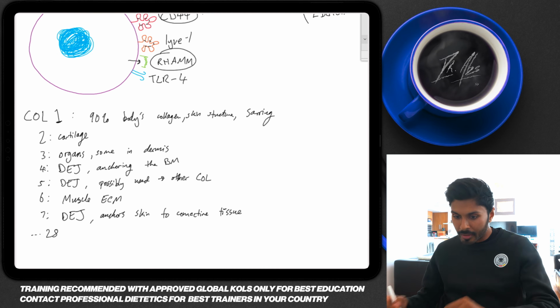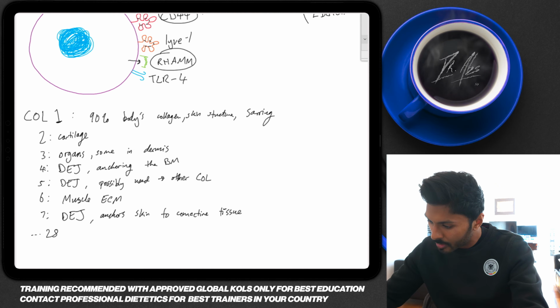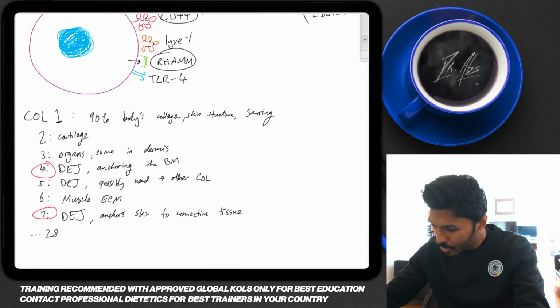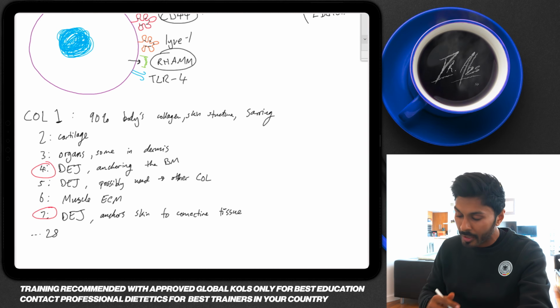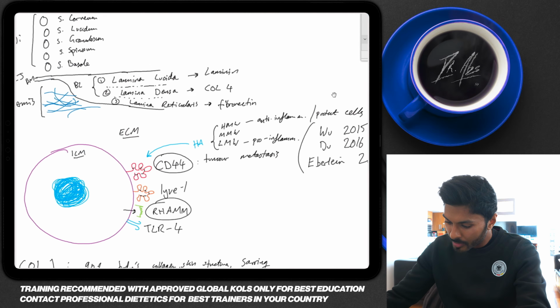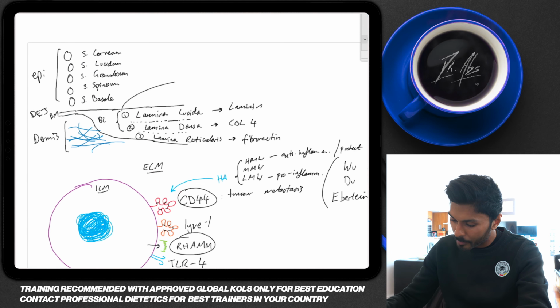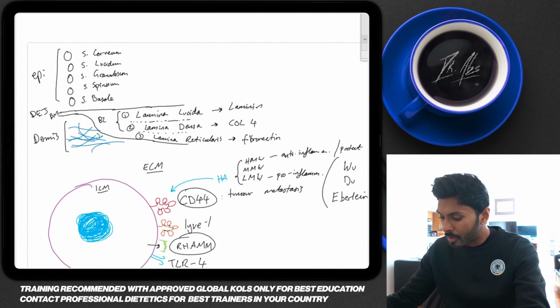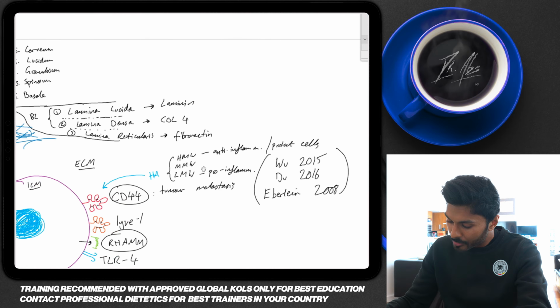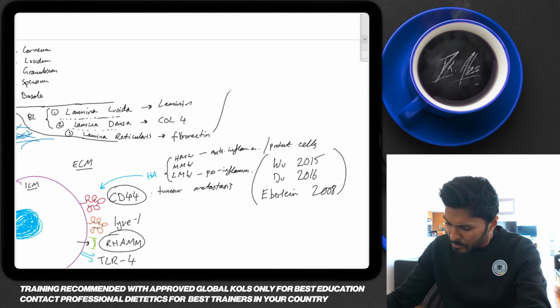Now, the important ones, let's just get a different color, are 4 and 7, okay? And I'm going to show you exactly why, and that's important in the context of anti-aging, by the way. If we go up a second and we look at this diagram here for the dermoepidermal junction, we see collagen type 4 is there, and we see that we've also got something like fibronectin. Now, fibronectin, I'm just going to make some notes about it here.